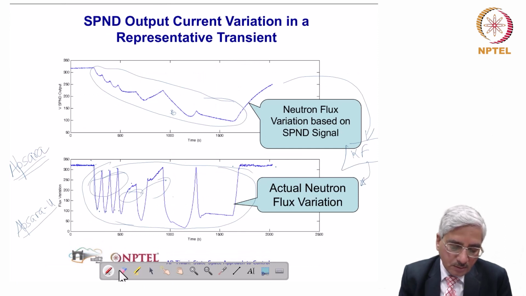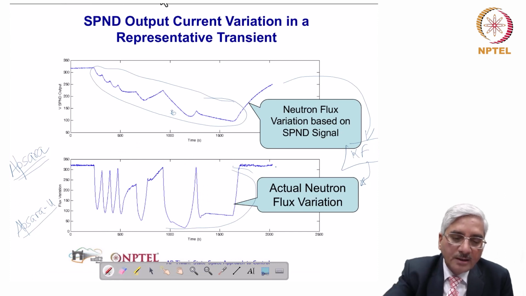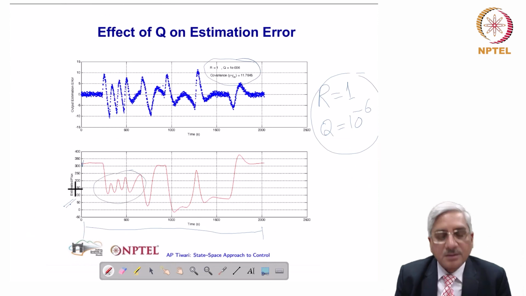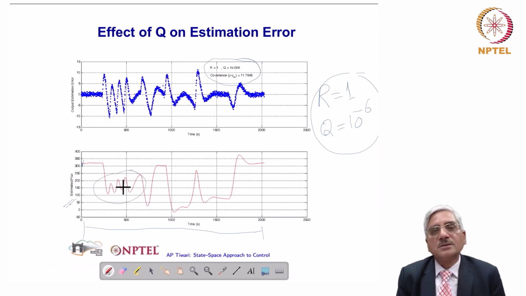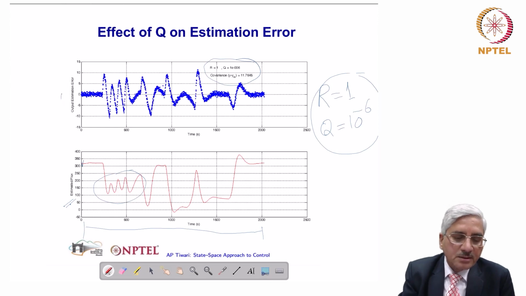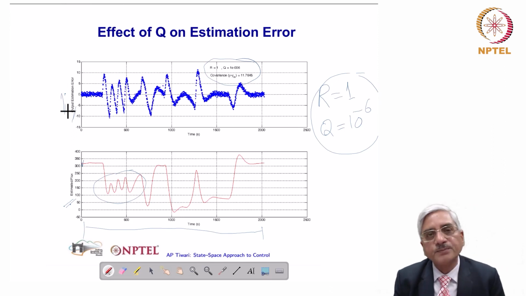Observe that this is the actual variation of the neutron density. And if you see here the estimate, it is still characterized by delays. And this is the difference, the innovation. Actually, the axis title is output estimation error; that is not correct.